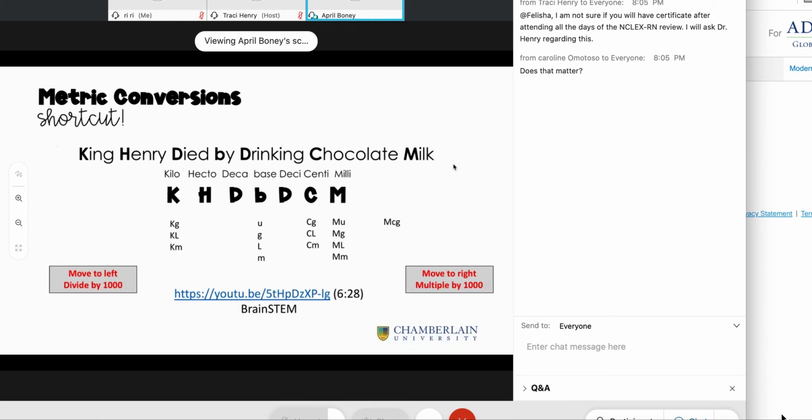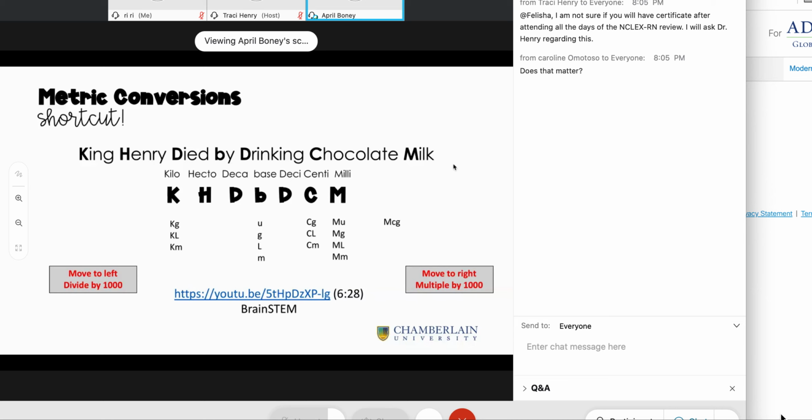I always like to include this slide when I'm teaching math, only because I find that some students have no problem doing the calculation, but they cannot do the conversion. And the conversion is an integral part of getting the right answer. So if you struggle with conversions, this is just a shortcut that I like. If you want to move the decimal, this is kind of a visual to help you figure out how to move the decimal.